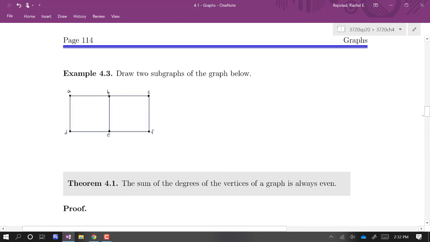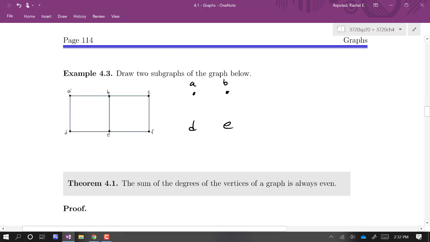Here we're given a graph, and we're going to draw a couple of subgraphs. I'm just going to make a graph by collecting some subset of the vertices and edges that are already there. So maybe I'll grab vertices A, B, D, and E, like this box over here.